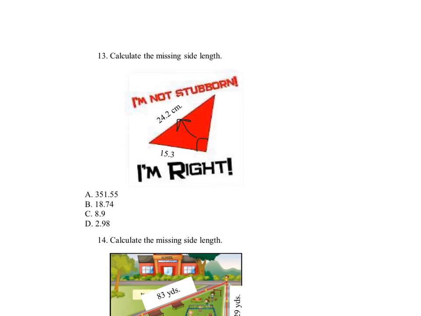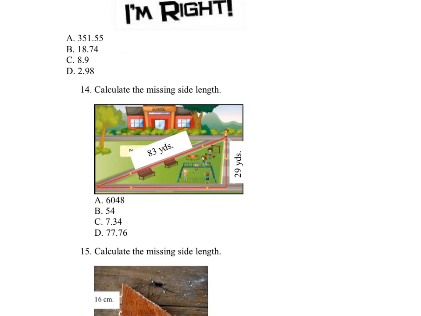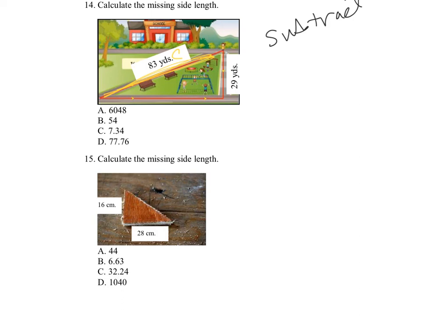You have your hypotenuse, you have C, so that's going to be subtracting. Same thing on 14. Subtract. And 15 is a little bit different because there's no number for C, so that means you're going to do the regular formula.